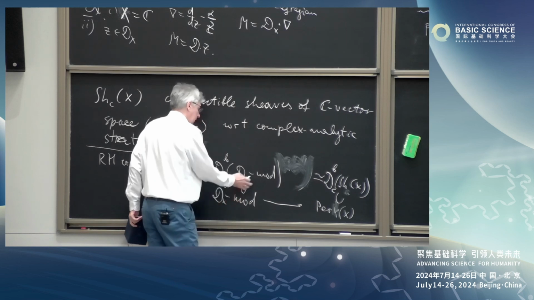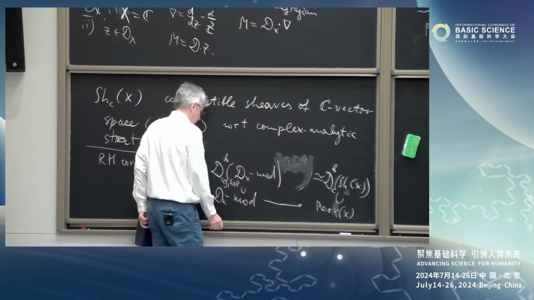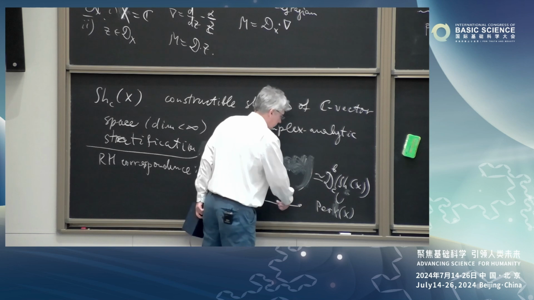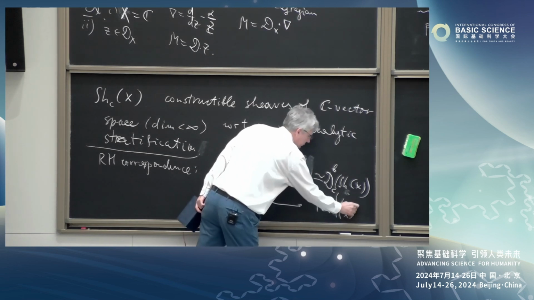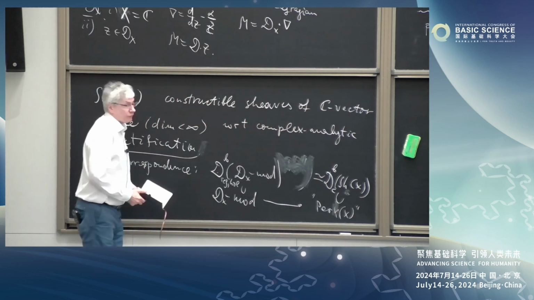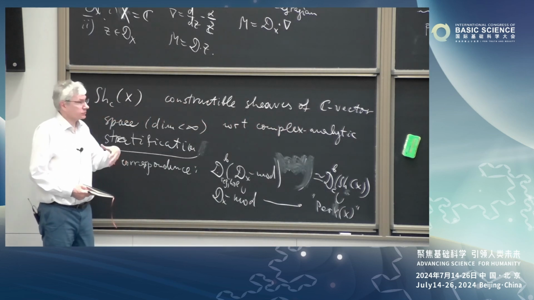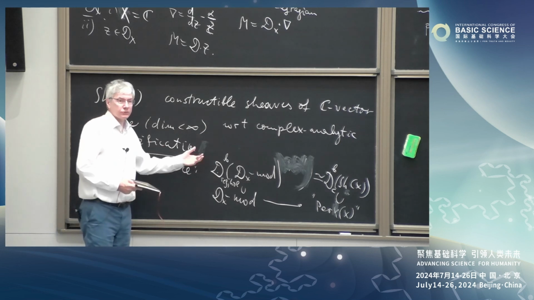So then we have this category here. Still, you have this t-structure. The heart of this t-structure is the abelian category of D-modules. We look at the image of it, and this is what is called perverse sheaves on X. They of course could be defined more straightforwardly, but the idea of perverse sheaves is this.